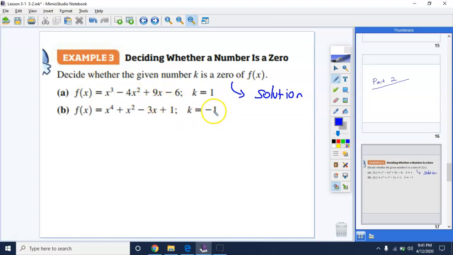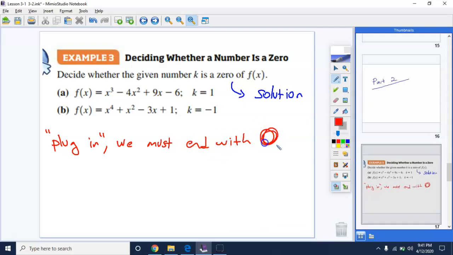We're going to say yes or no. On B, we're going to decide whether negative 1 is a solution of this function or not. To see this, there's an easy way. We are going to plug in those numbers first, and we must end with 0.